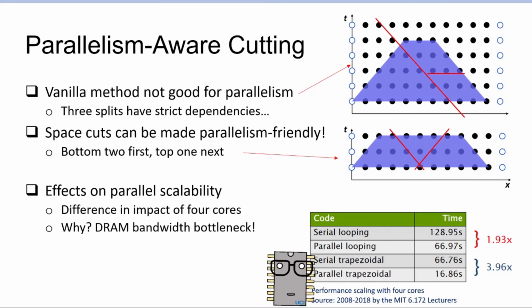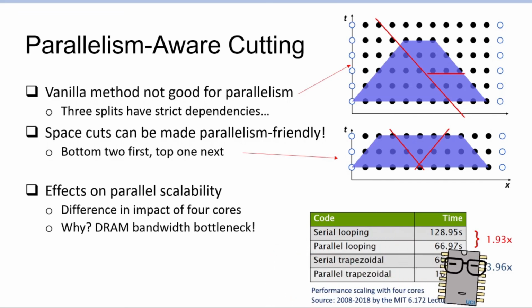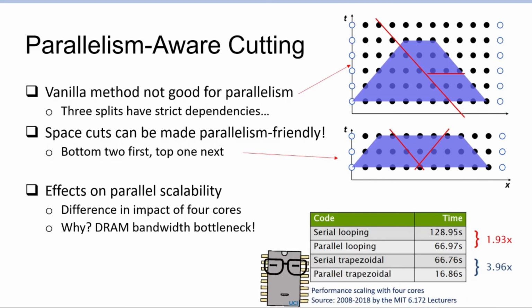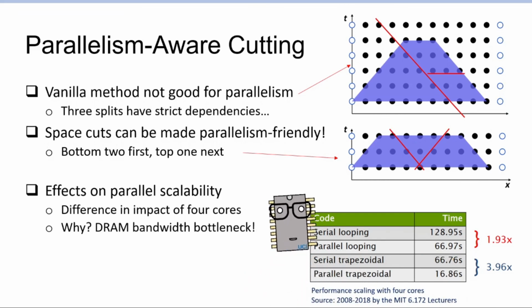As opposed to the parallel-aware trapezoidal method, where when we have 4 threads, we actually get almost 4 times the performance, 3.96, as you see on the right here. When we have better cache effects, it actually has an impact on parallel scalability.